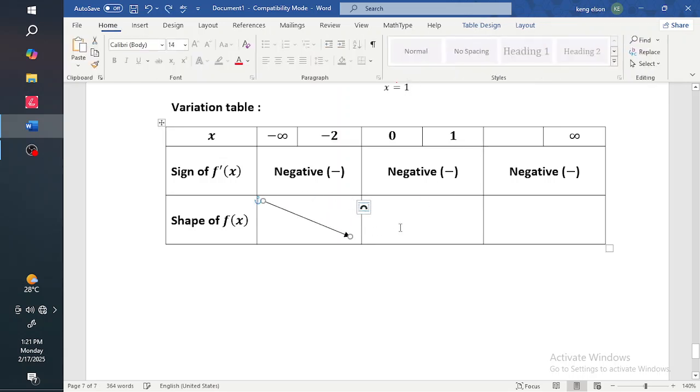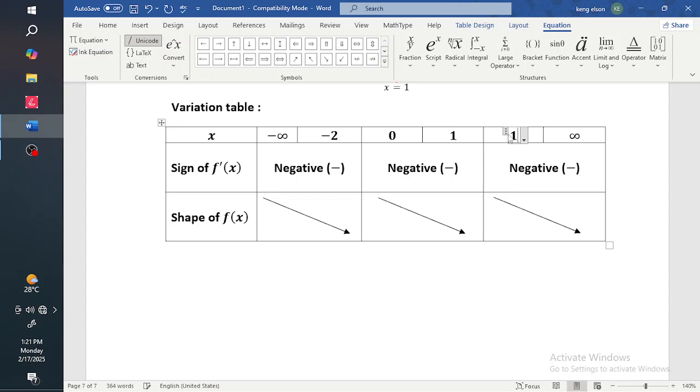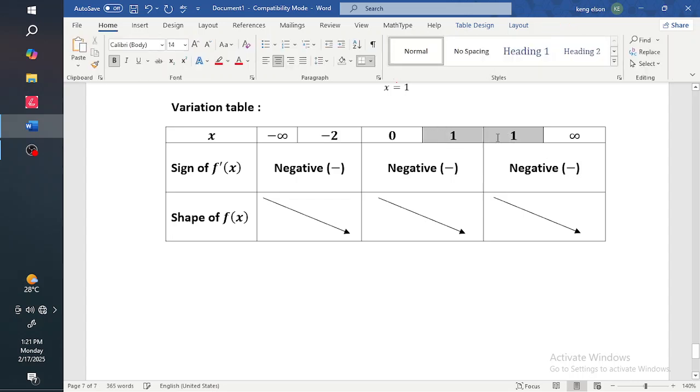In this interval it is decreasing. In the next interval it is also decreasing, and in the last interval it is also decreasing. This last interval is from 1 to plus infinity. I'll put the 1 here so that I should not be confused, because the two ones are the same.